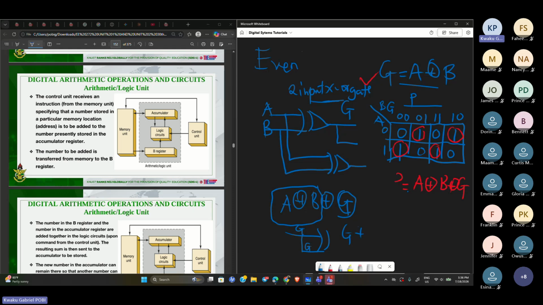So when G XORs G, you get the same thing. It's like 1 XOR 1, which is 0.